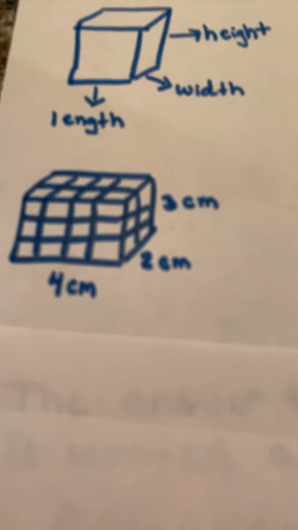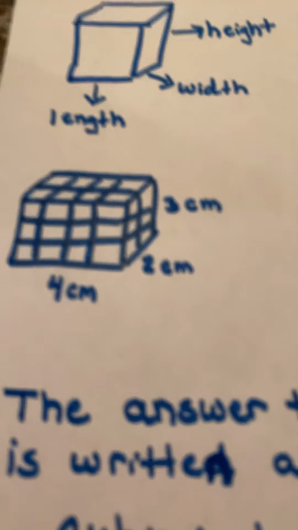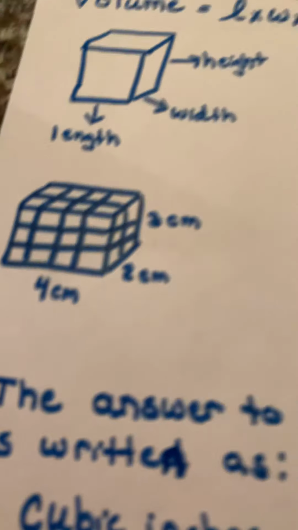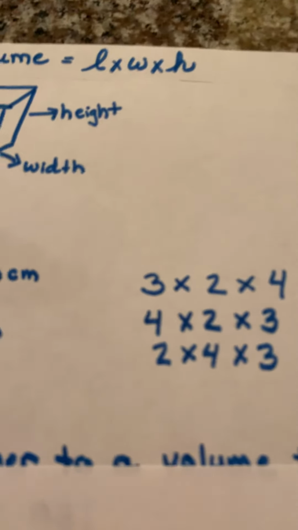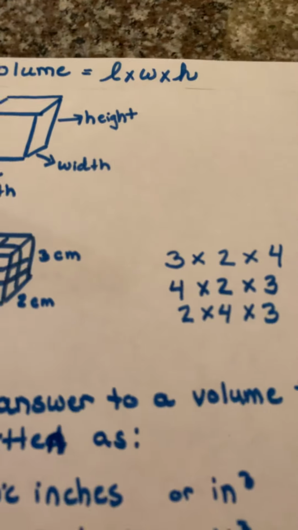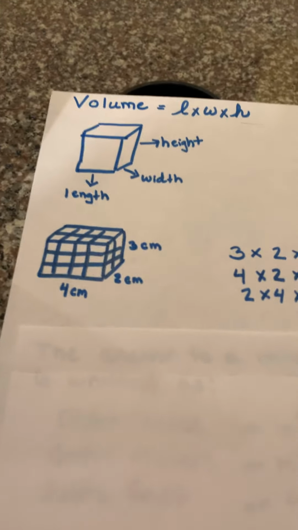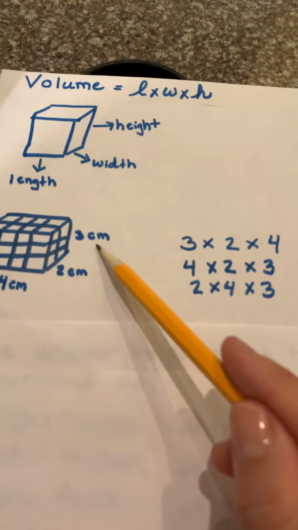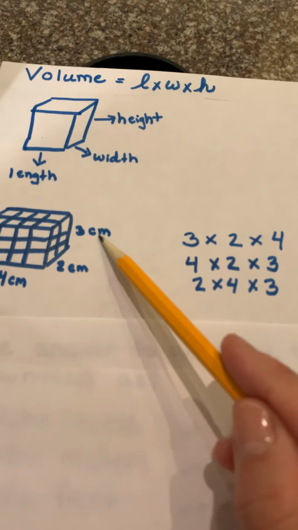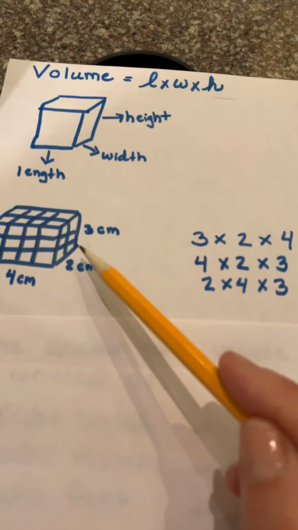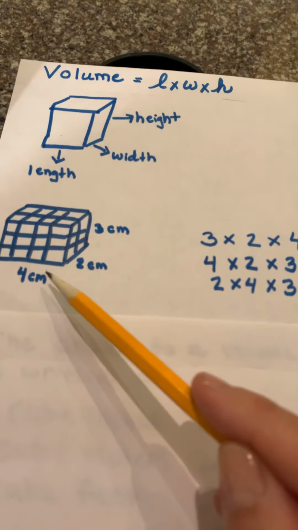So we say, since our volume is length times width times height, we can either do 3 times 2 times 4. Since multiplication is commutative, 3 times 2 times 4, which is actually the height times the width times the length.